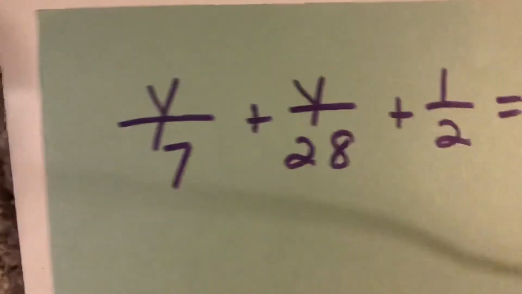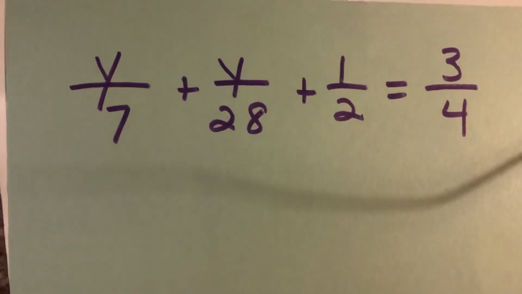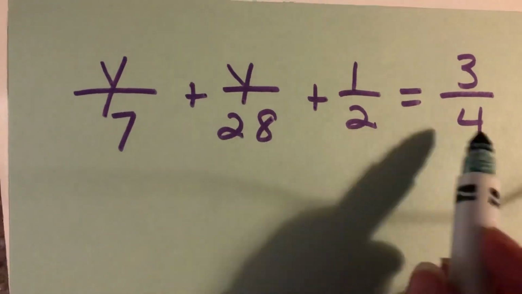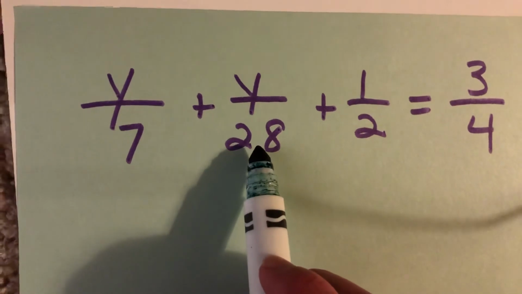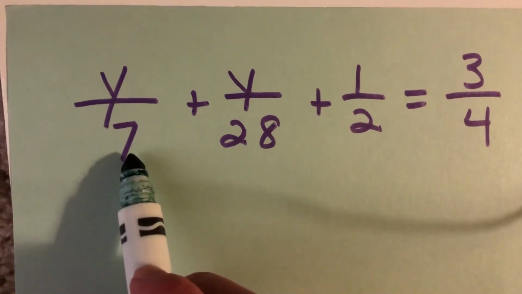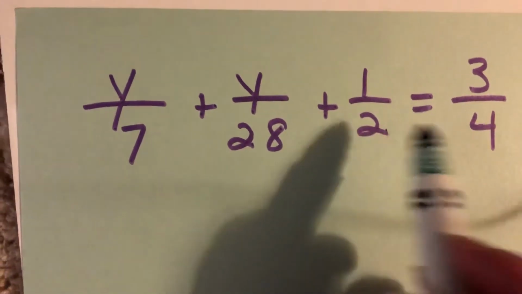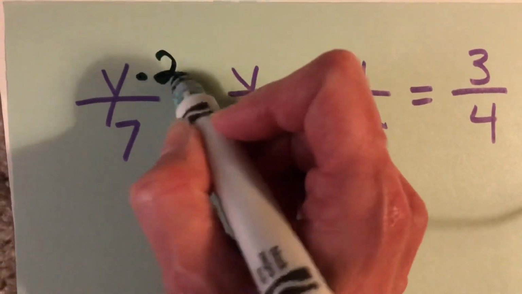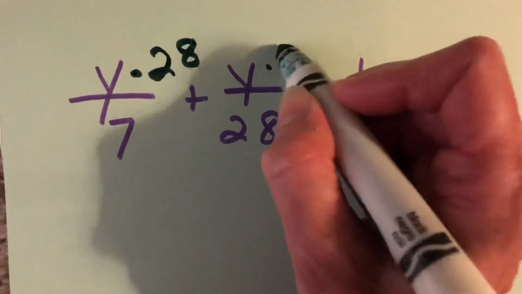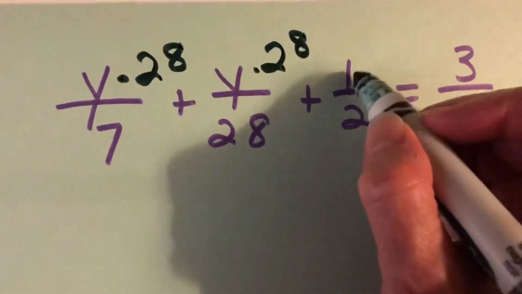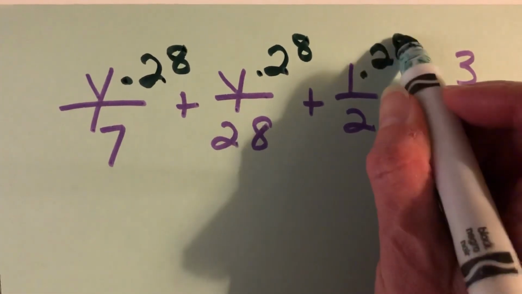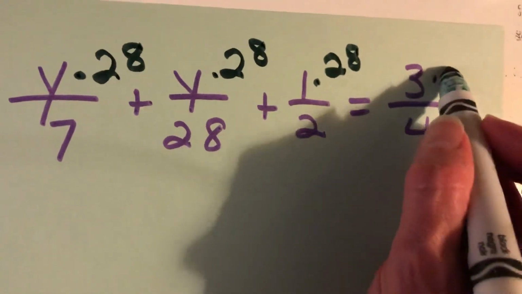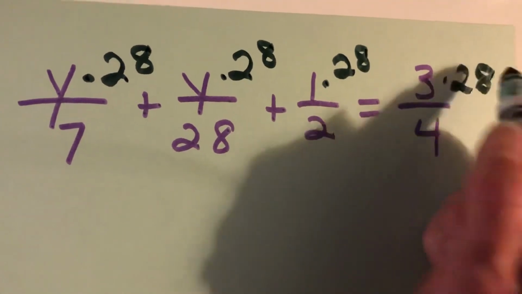And my last problem is very similar. This time I want to clear my fraction, and I notice my biggest number, 28, can divide by 7, and it can also divide by 2, and it can divide by 4. So that's my LCD. So I'm going to clear the fraction by multiplying each and every term by the LCD, 28.